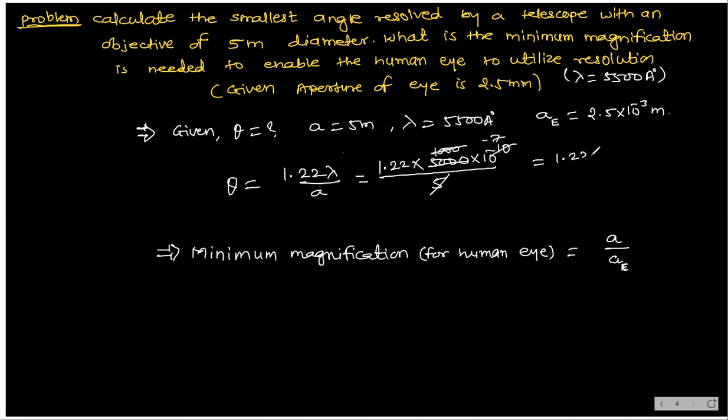I think 1.22 into 10 to the power -7. तो ये क्या, रेडियंस. हाँ, तो ये नहीं, एक बार चेक करो रे, नीचे का ए लिखा है क्या, ए 5 है ना, ए कितना है, 5 है.